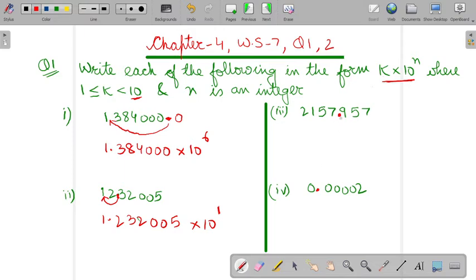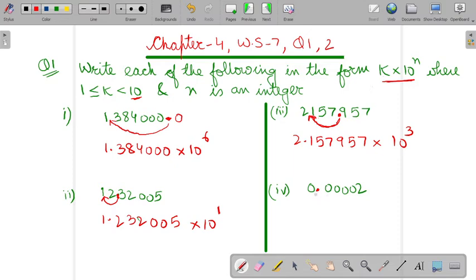Third part. The decimal is here. After one digit we have to shift it. So again we are shifting the decimal towards the left side. So 2.157957 multiply 10 power, how many digits? 1, 2, 3. So 10 power 3.